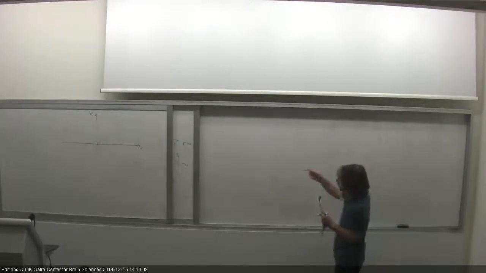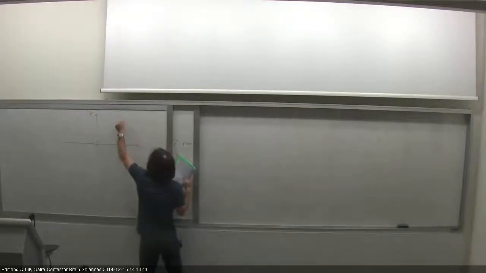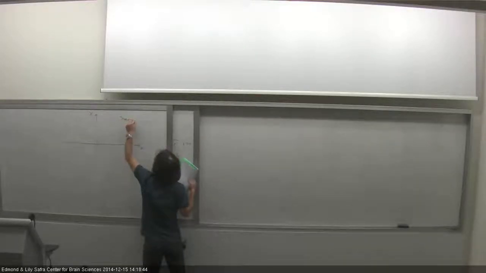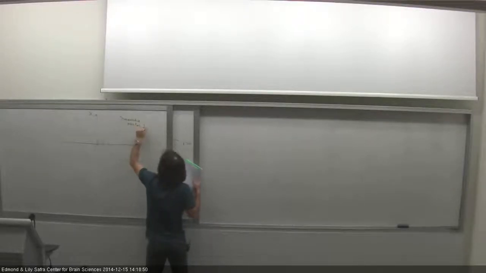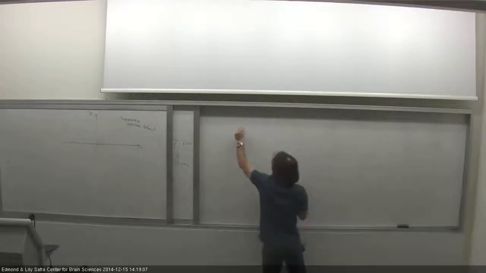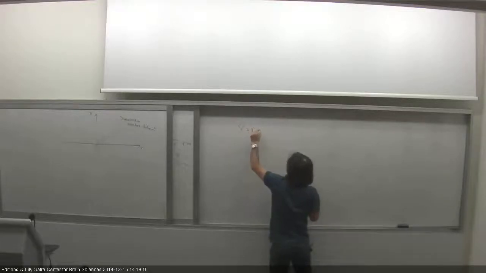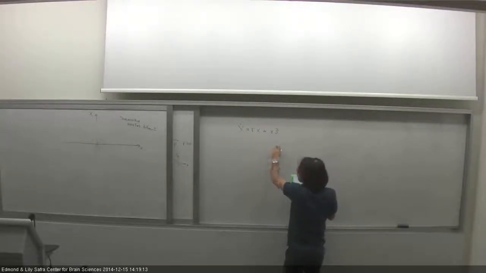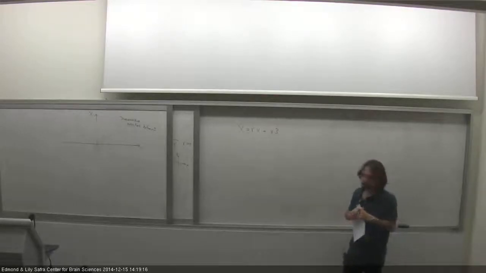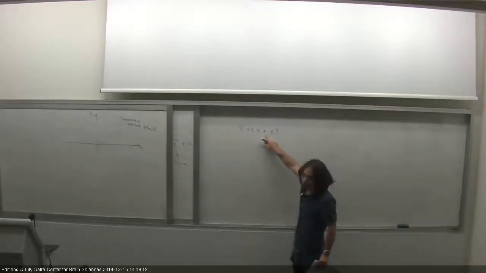So the counterpart of the supercritical pitchfork bifurcation is the subcritical bifurcation, and this happens when the cubic term is destabilizing. Previously we had minus x to the third.